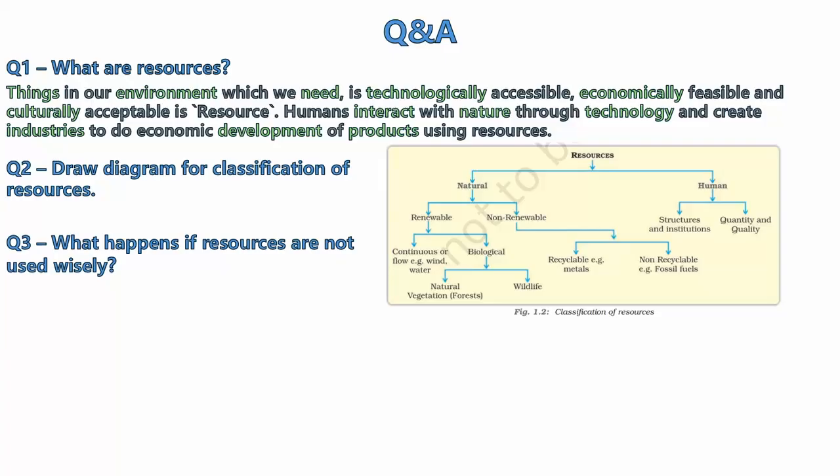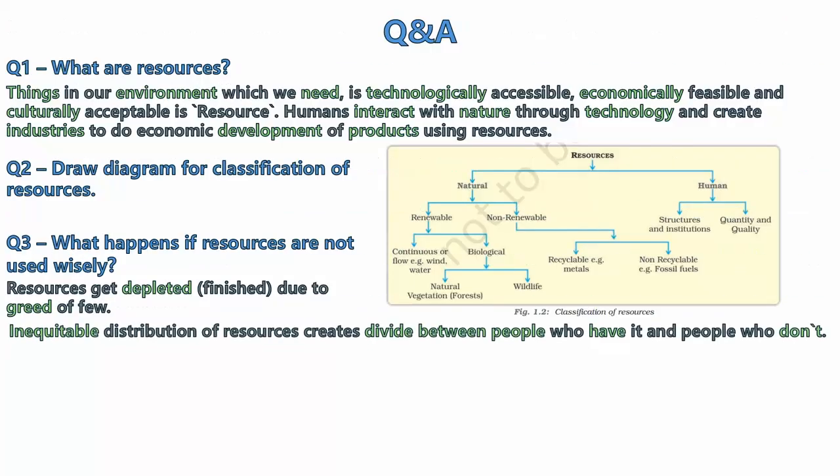What happens if resources are not used wisely? Resources get depleted, finished due to greed of few people. If a few people are greedy, they will just take all the resources. I want it for myself, and they will finish it off. So that should not happen. Inequitable distribution of resources creates a divide between people who have it and who don't.